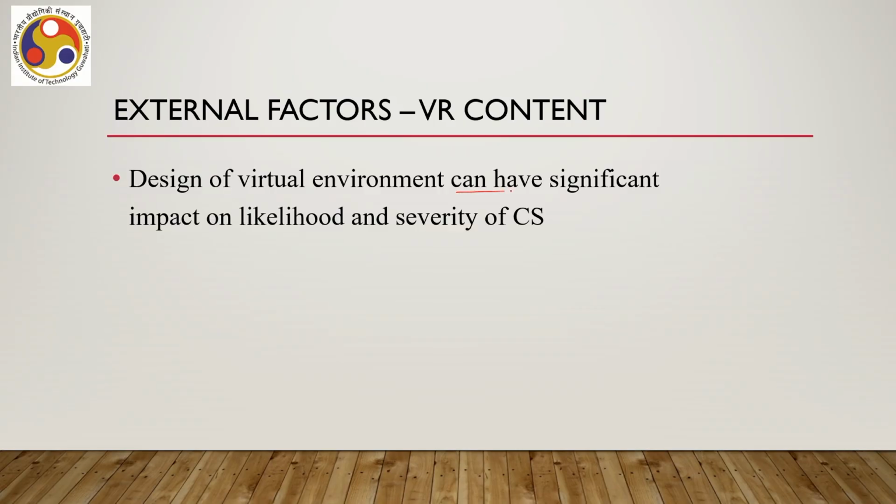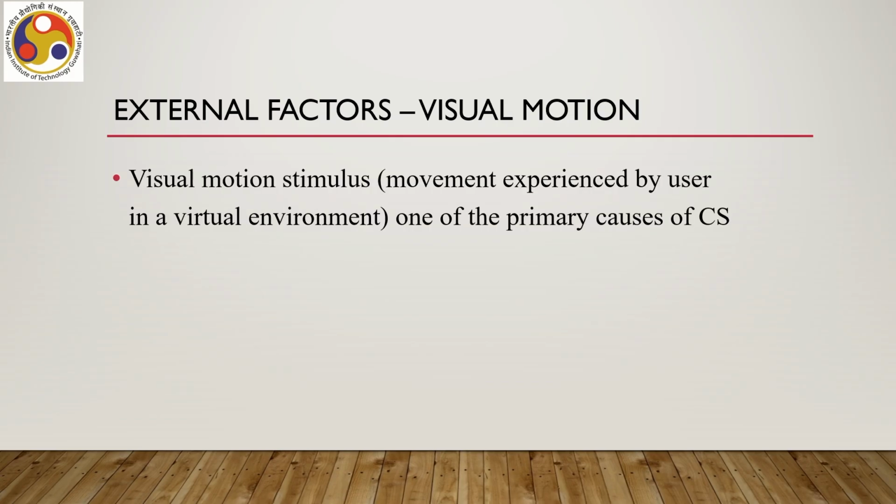Design of virtual environments can have significant impact on the likelihood of CS, also the severity of CS. One factor which is related to VR content is visual motion. Now, visual motion stimulus, which is the movement experienced by the user in a virtual environment, is considered to be one of the primary causes of cybersickness.